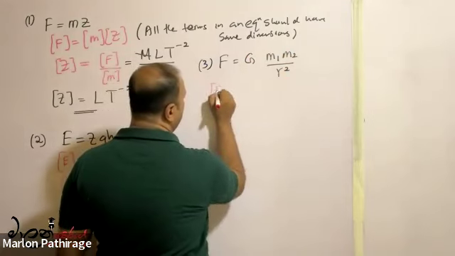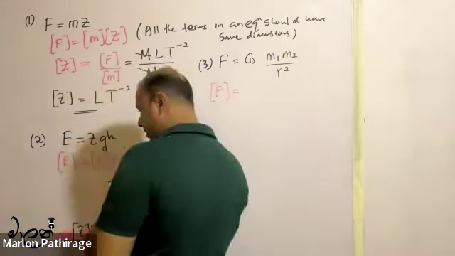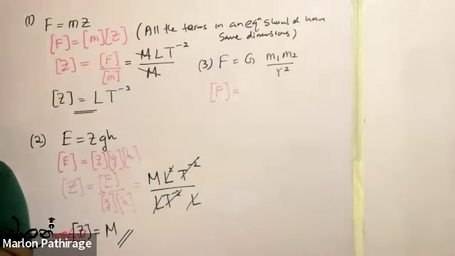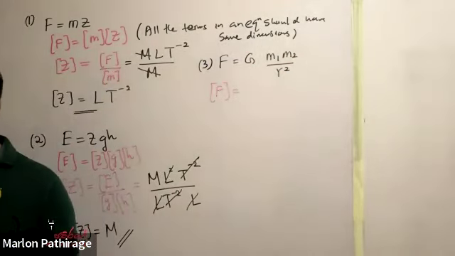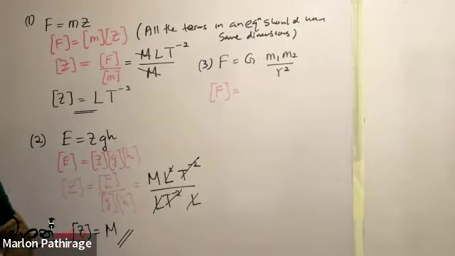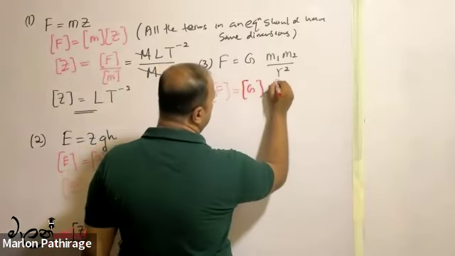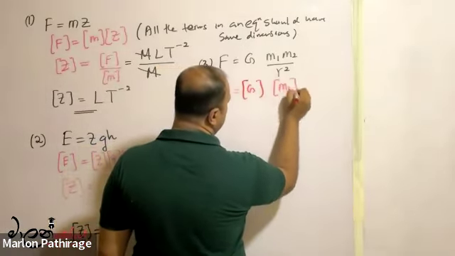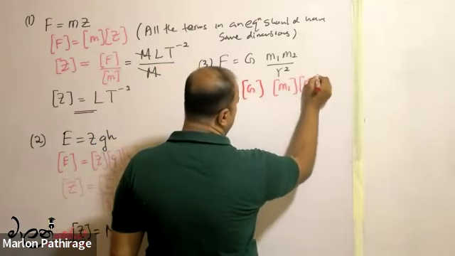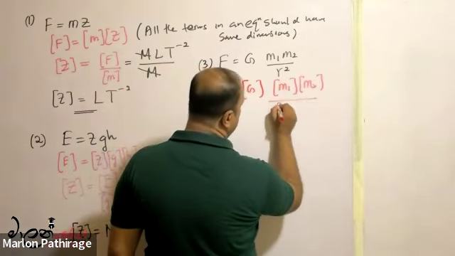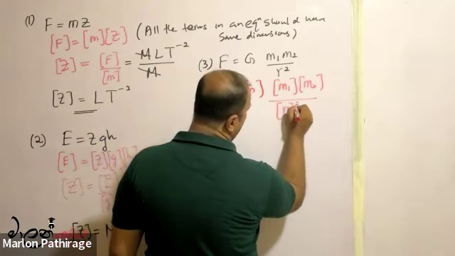The dimension of F is equal to the dimension of G, dimension of M1, M2 over the dimension of R squared.